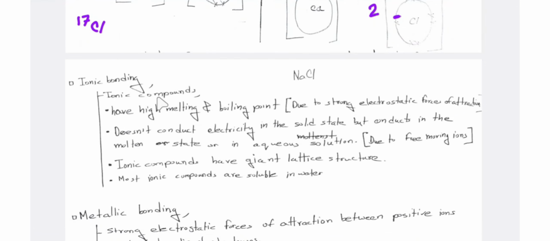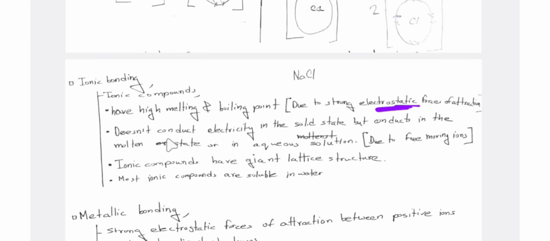Ionic compounds have high melting and boiling points due to strong electrostatic forces of attraction between oppositely charged ions.